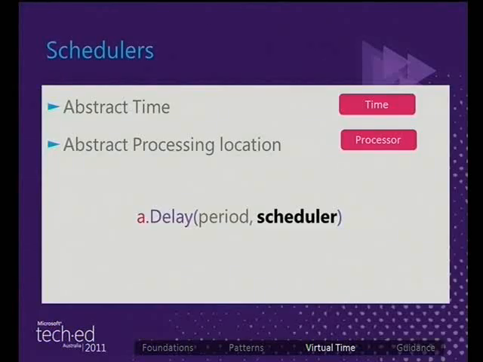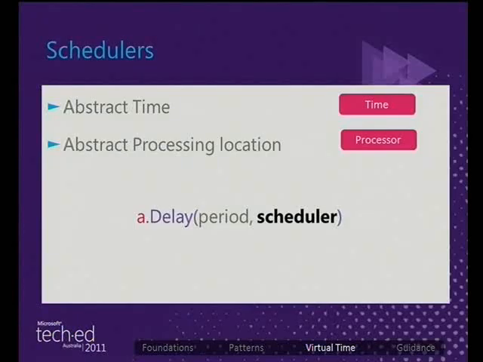Now, a bit of advice if you're using Rx: whenever you use any of these operators, delay, buffer, window, even return, if they take a scheduler, always explicitly pass one in. That then allows you to swap it out for some kind of test scheduler at some point. It also makes very explicit how these things are going to be scheduled. If you look on the blogs and do a bit more research, you'll see why that's quite important.